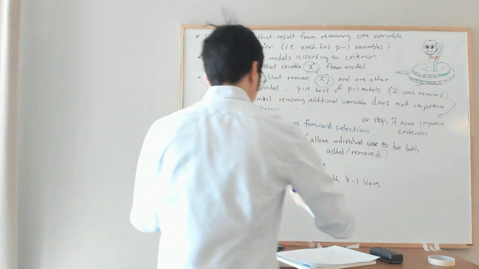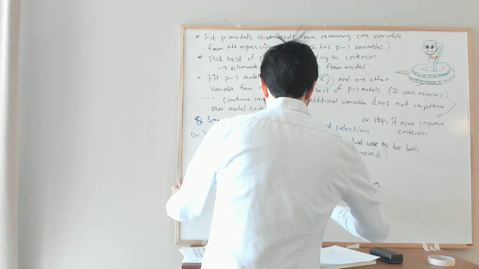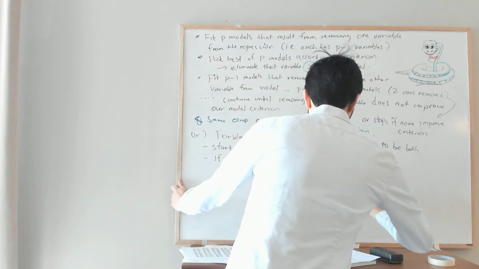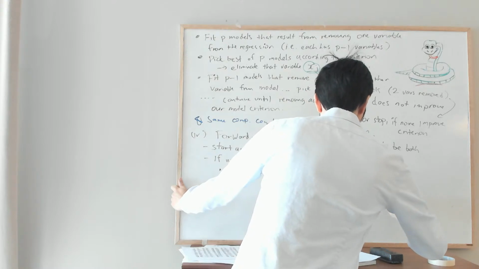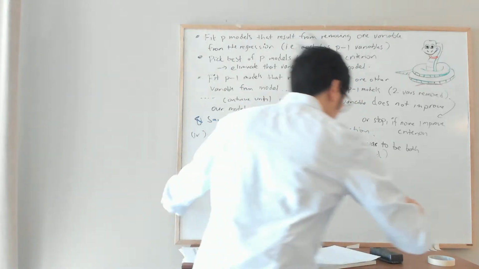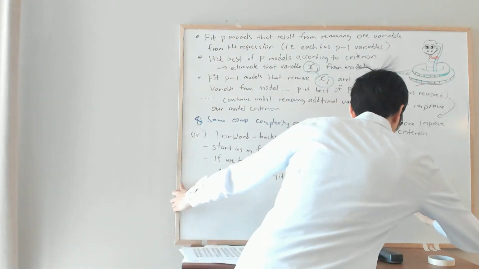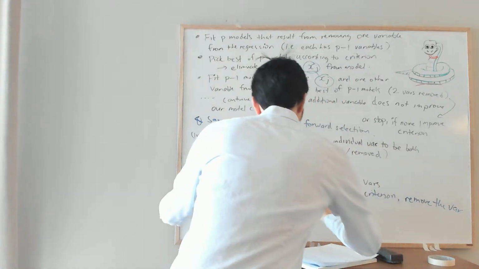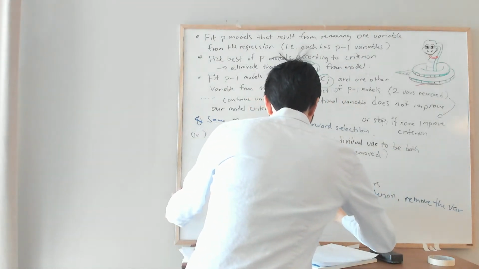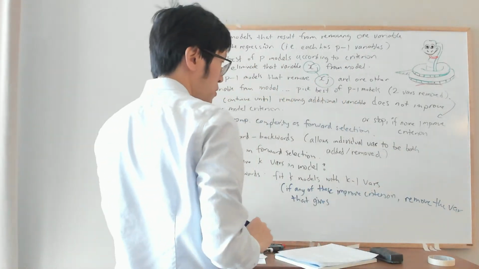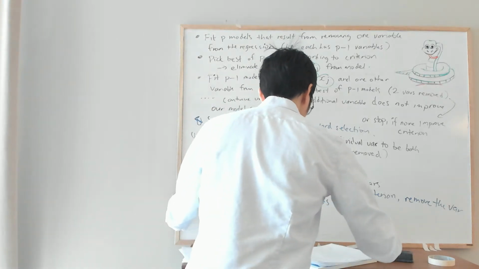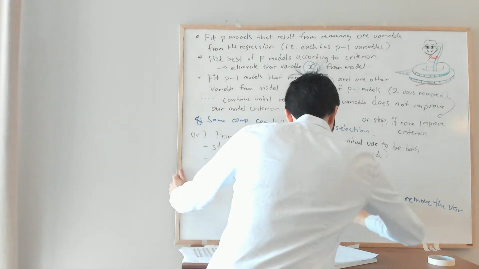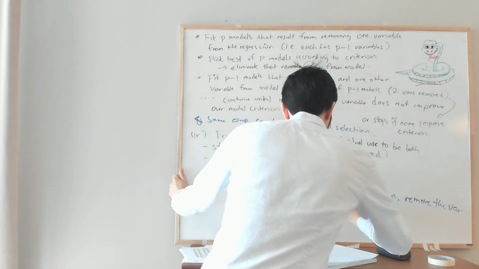If any of these improve the criterion, then we remove the variable that gives the most improvement, just like we would do in backward elimination, the one that improves the model the most.